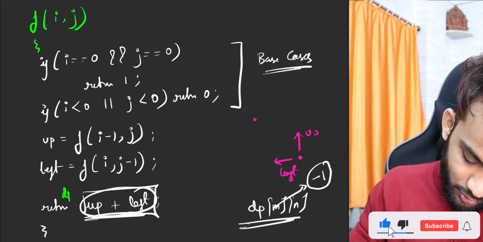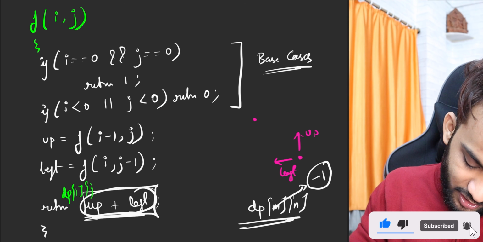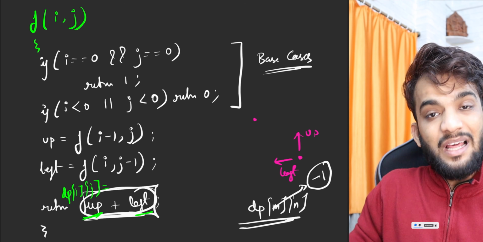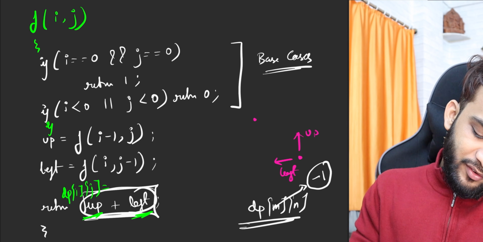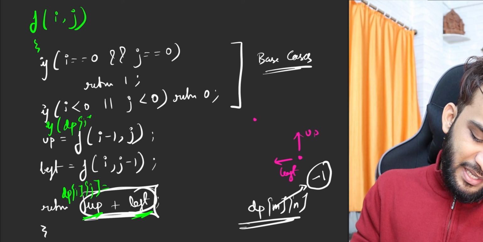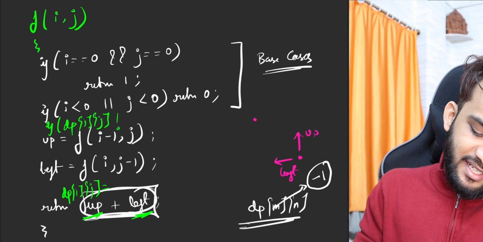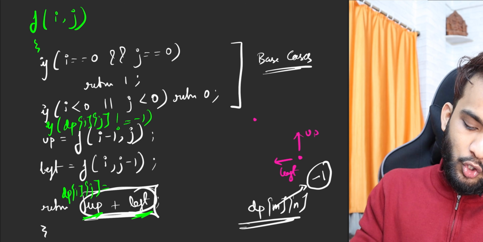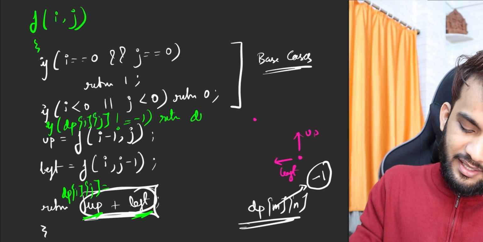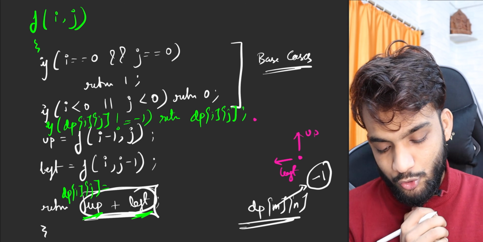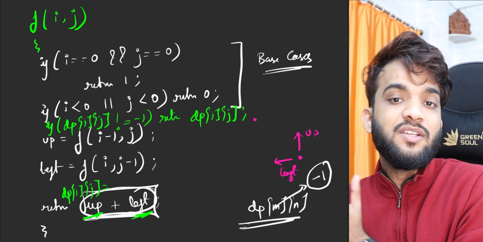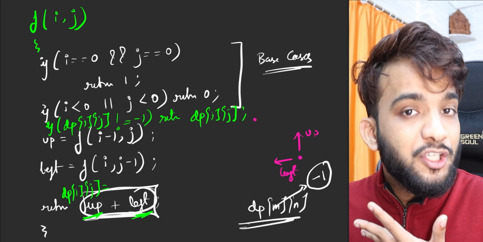So let's store the answer over here. dp of ij equal to up plus left. Next, step 3. Whenever there is a call, please check if that answer has been previously stored or not. If yes, kindly return dp of ij. That's how you can easily convert a recursive solution to a memoization solution.